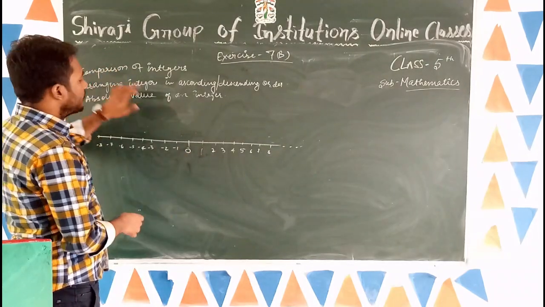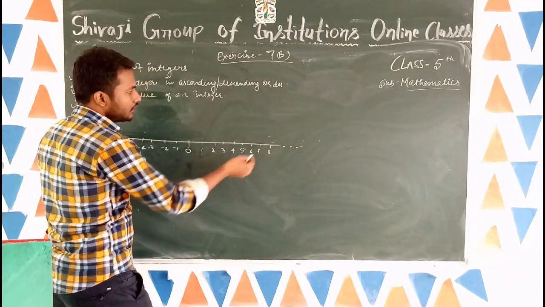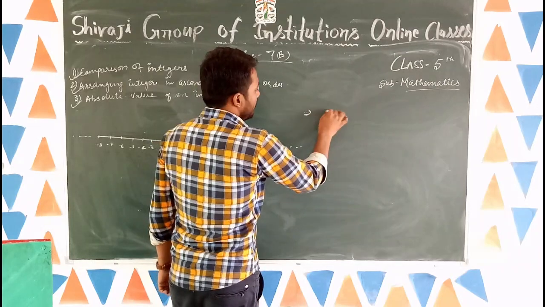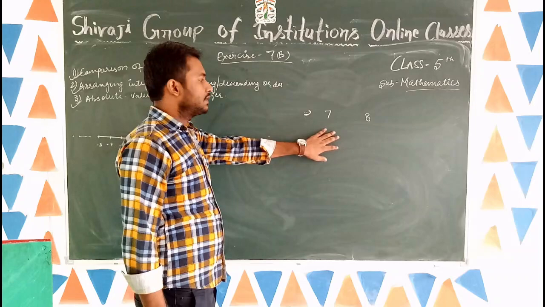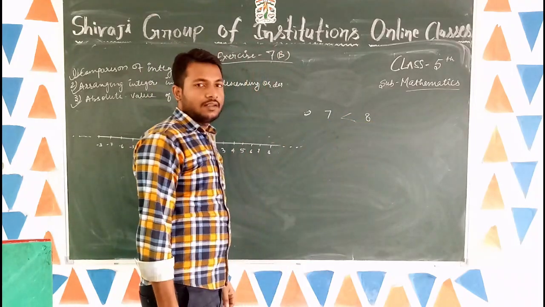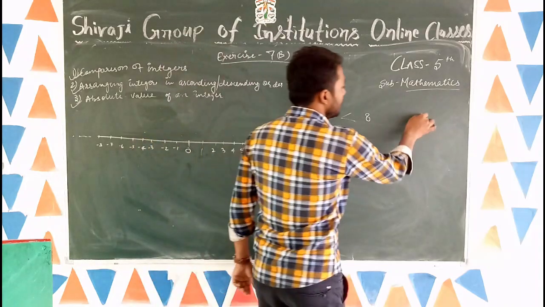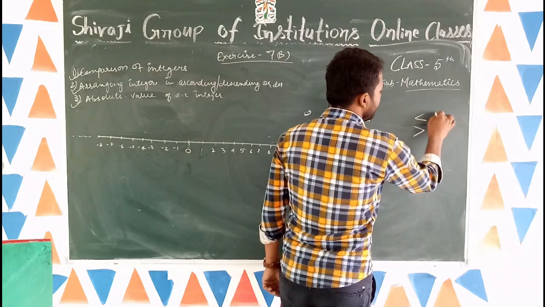If we are comparing two numbers on the right side of this number line, see, if we compare 7 and 8, which is greater? Simply, we know 8 is greater than 7. This symbol is the greater than symbol.